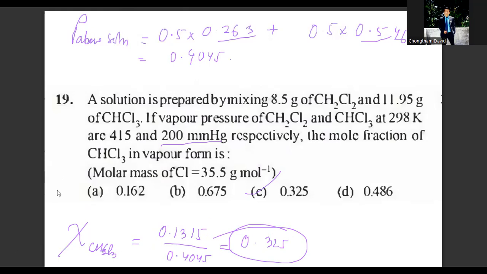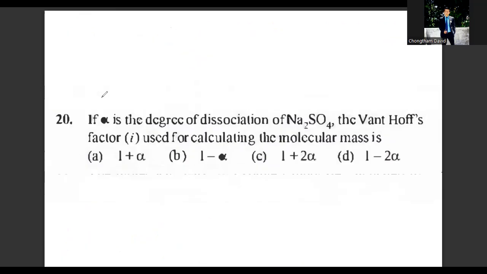Okay, let us read question number 20. If alpha is the degree of dissociation of sodium sulfate, the Van't Hoff factor i for the calculation of the molar mass would be. When sodium sulfate dissociates, how many particles does it give? In total, three particles. Particles are ions. Before dissociation, this is having 1 mole, 0, 0.